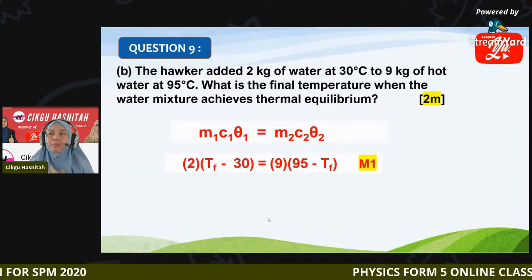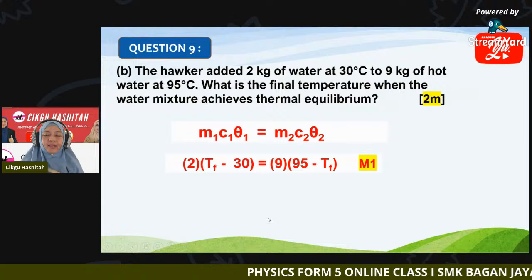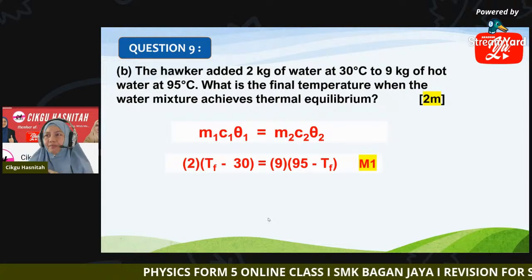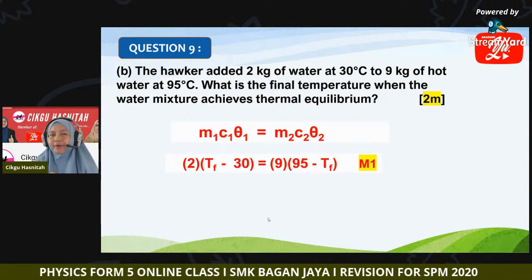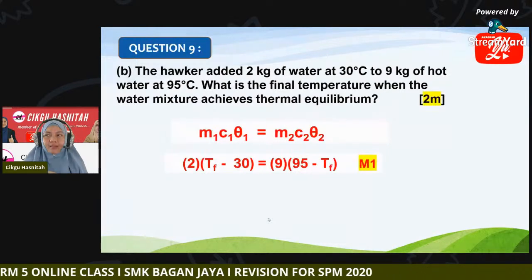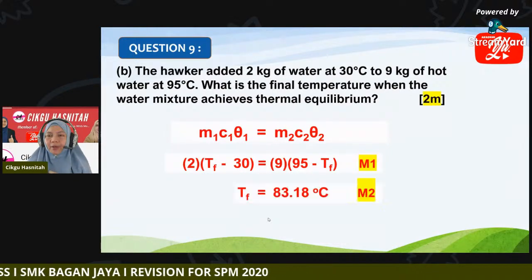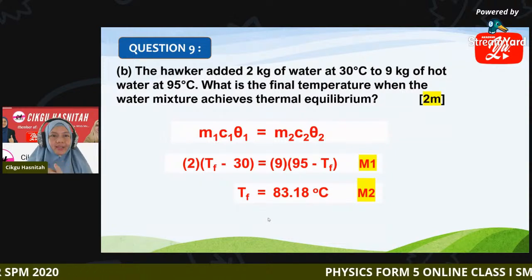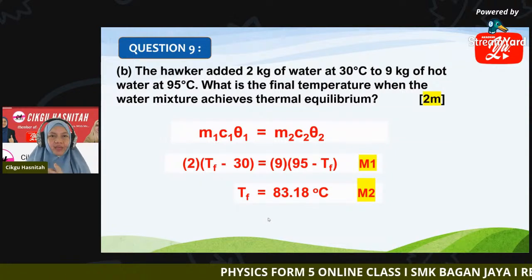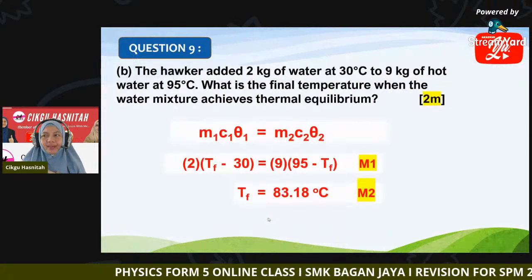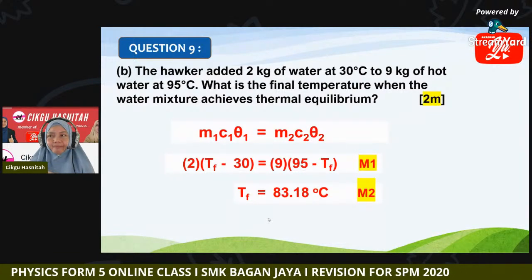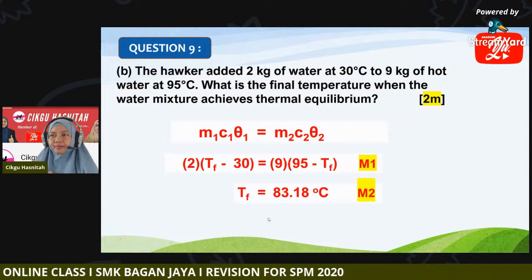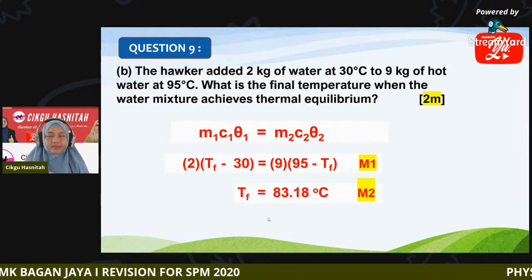So by this, what is Tf? Have you found Tf, the final temperature of both waters at thermal equilibrium? Is this value correct? Can you check for me? 83.18 degrees Celsius.